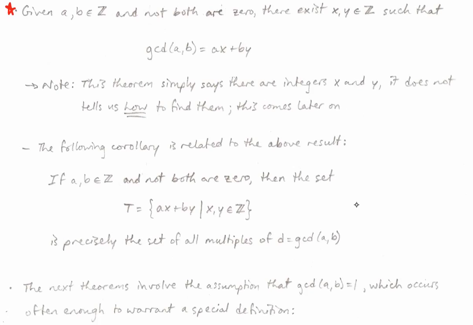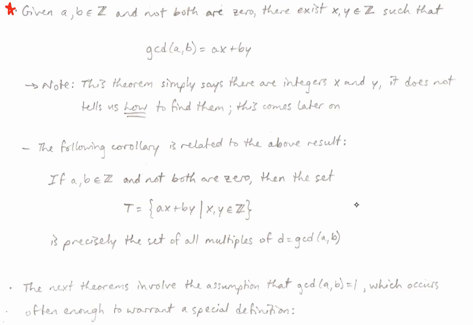There's a corollary that we get from this theorem here. If you take all linear combinations of a and b, so take a, multiply it by any whole number, take b, multiply that by any other whole number, could be the same, but it doesn't have to be, add those things up.